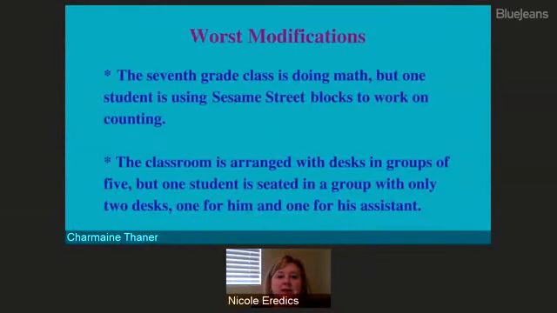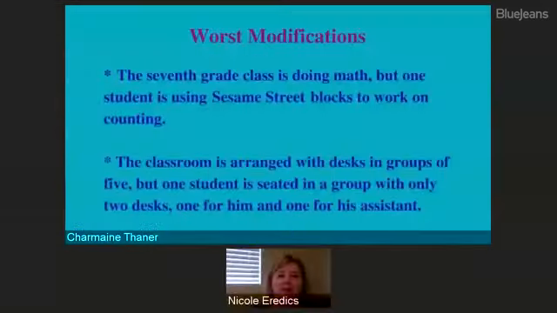However, what we are providing for those students in terms of content and curriculum has to be age appropriate and curriculum appropriate. So the fact that a student in a 7th grade class is using Sesame Street blocks to work on counting, well, using the blocks isn't necessarily a negative, and using Sesame Street may not necessarily be a negative if that's what the student is interested in.